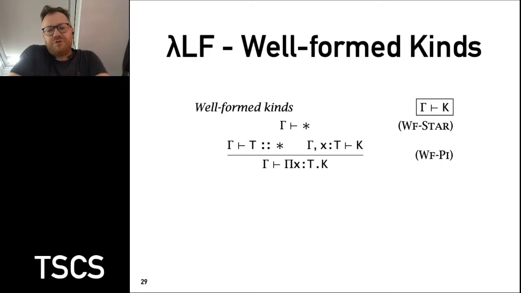And so whenever we have a pi type that is like x of type t, and then in the body has k, and t is a proper type, then under the assumptions of gamma and that x is of type t, the k must also be well-kinded, and then the whole pi type is kinded, and this grounds it to proper kinds.